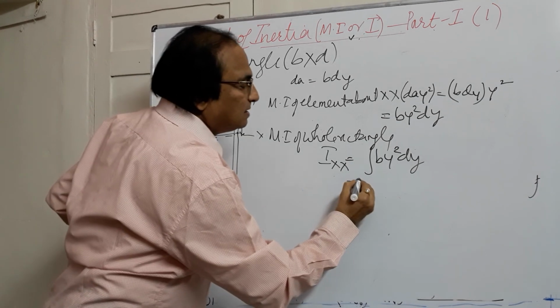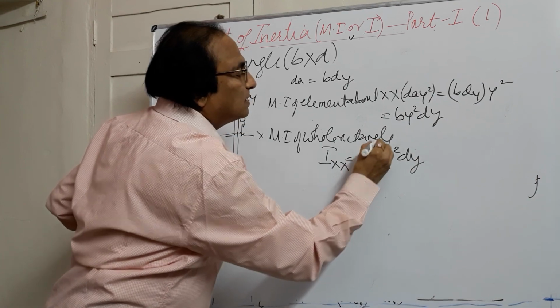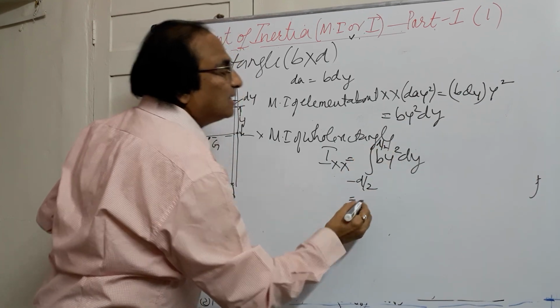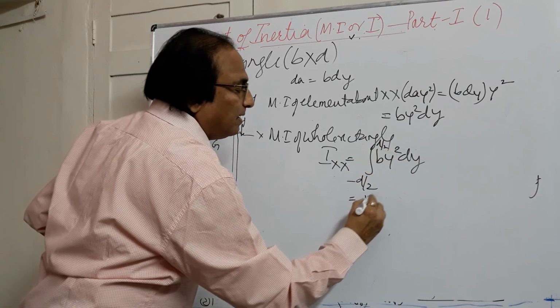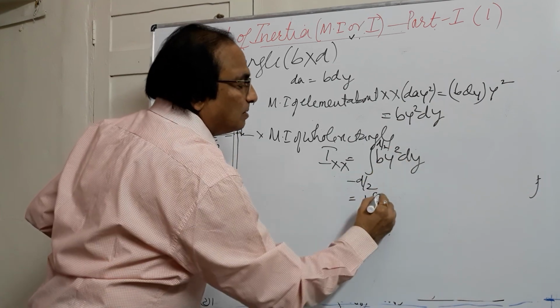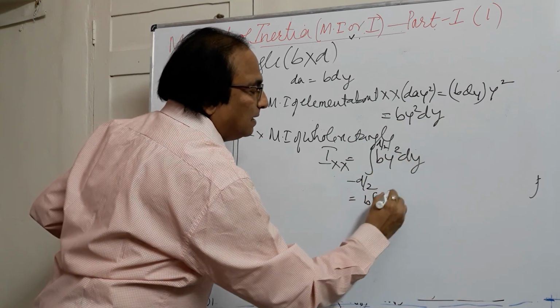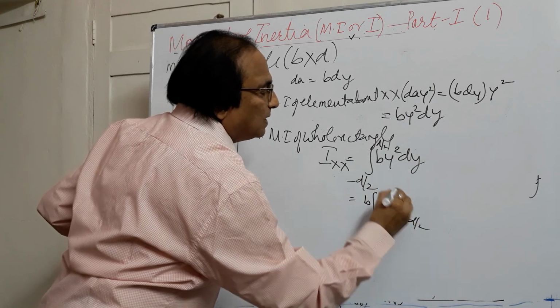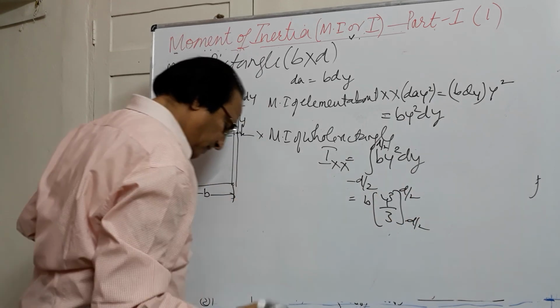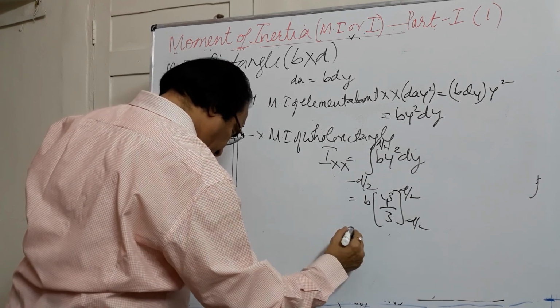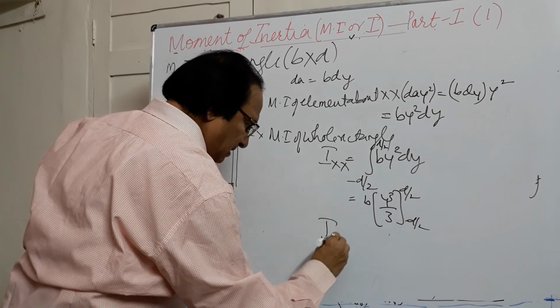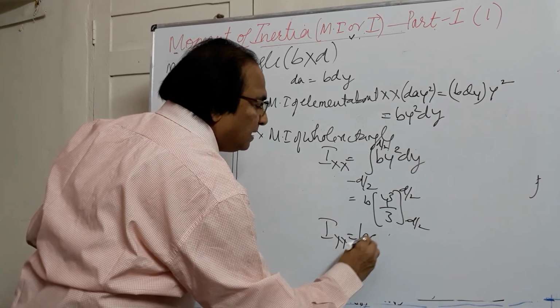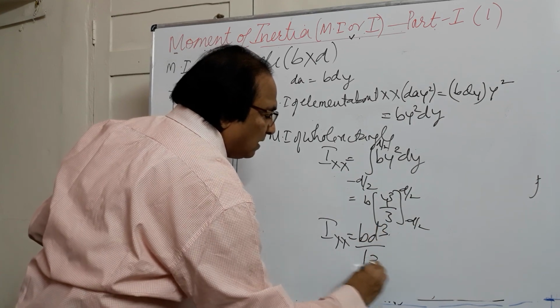If we integrate, the variable is y square, so b into y cube by 3 from minus d by 2 to plus d by 2. If you substitute these limits and simplify it, you get Ixx is equal to b d cube by 12.